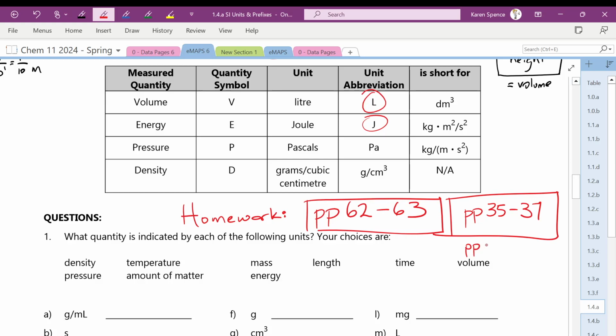Okay, because it's another little video, but it's a really short one. Okay, so 62 to 63, 35 to 37, 41, 42.